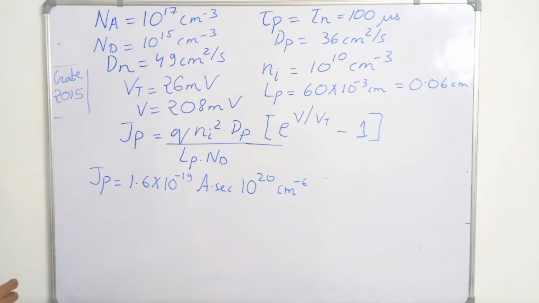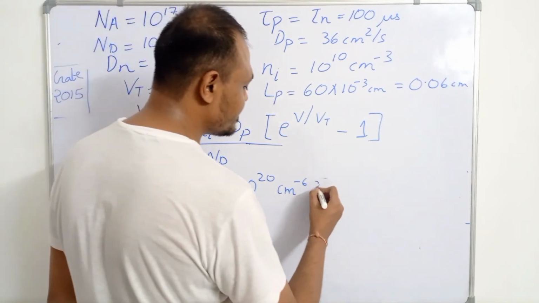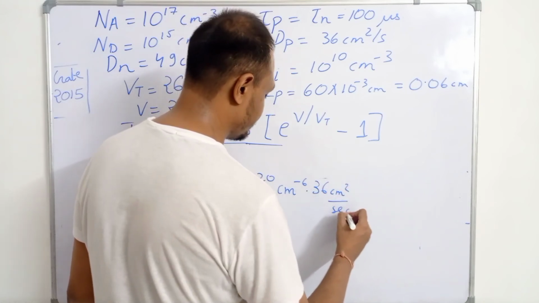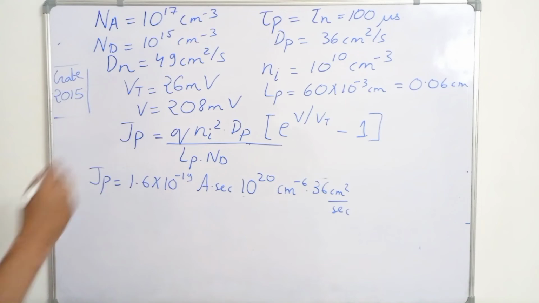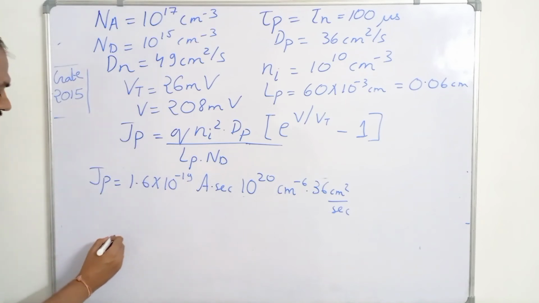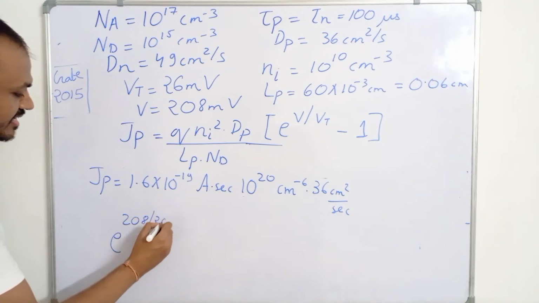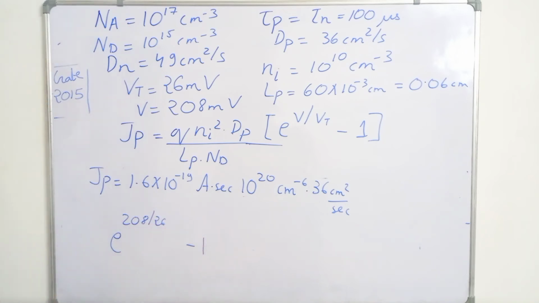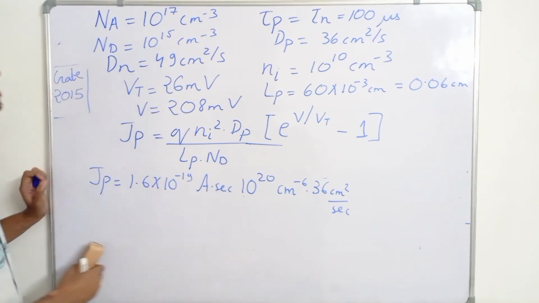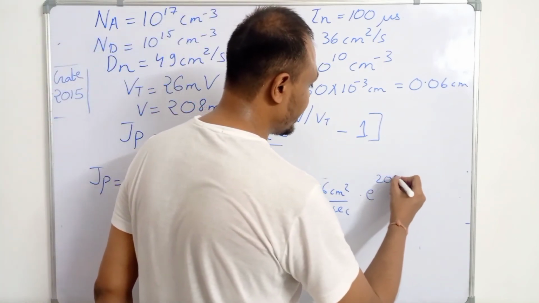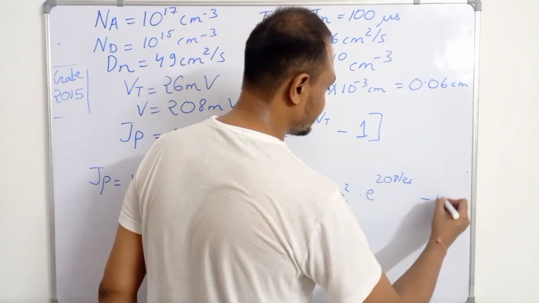Then Dp is given as 36 centimeter square per second. Then e to the power V by Vt minus 1. So let me calculate that here, e to the power 208 upon 26 minus 1. You can calculate this separately.